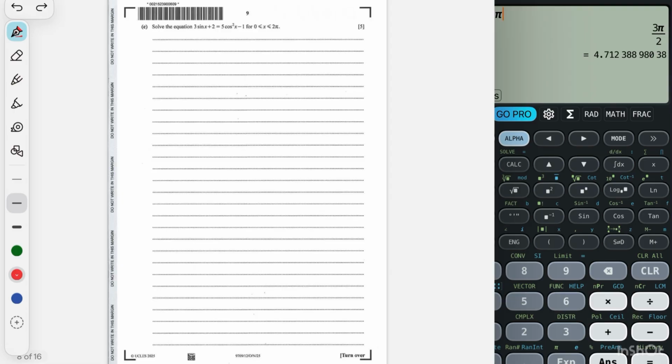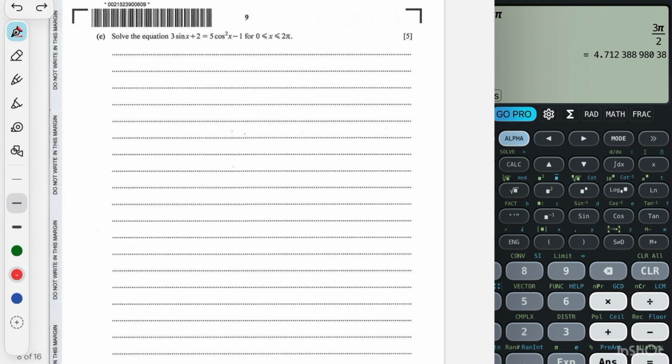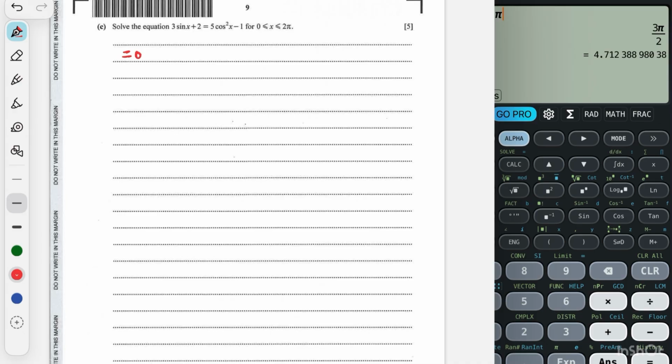All right. Then we're told to solve the equation 3 sine x plus 2 is equal to... okay, so this is just normal trigonometry. Let's see how we can do it. So first thing I will do, I'll just move everything to the right. So 0 is equal to 5 cos squared x minus 1 minus 3 sine x minus 2.